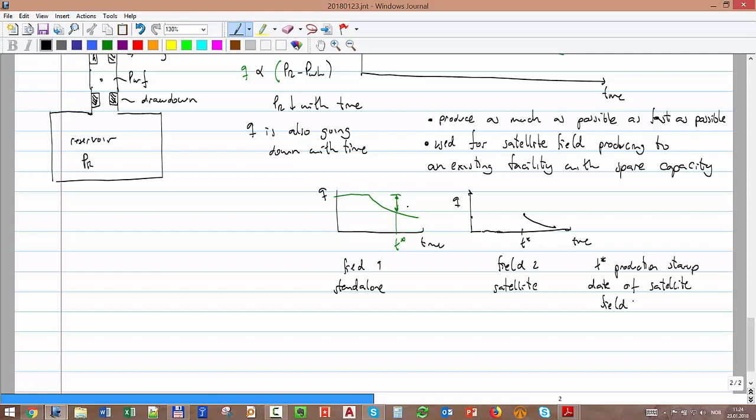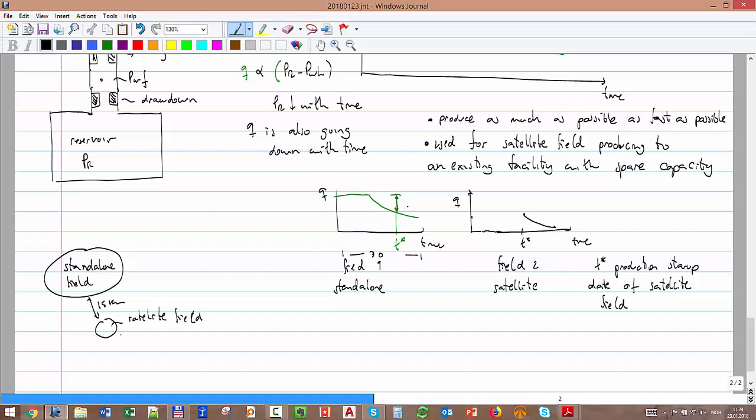No, no. I'm saying you have two neighboring fields. Here you have the standalone field, a big field that has been producing for quite some time, for 30 years. Here you have a horizon of 30 years. And you made a discovery of a very small field, a satellite field that is only, for example, 15 kilometers apart.